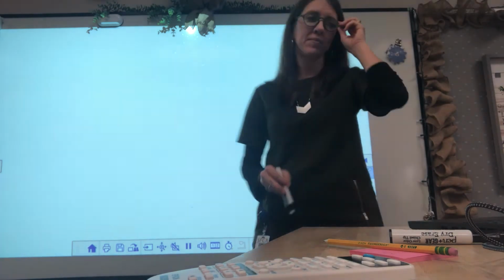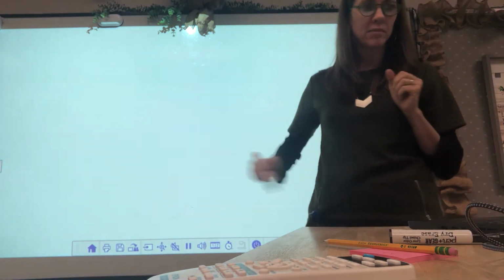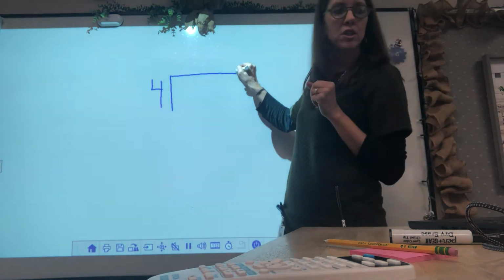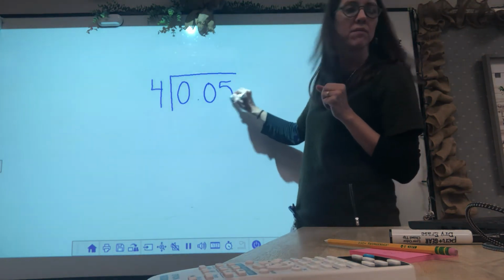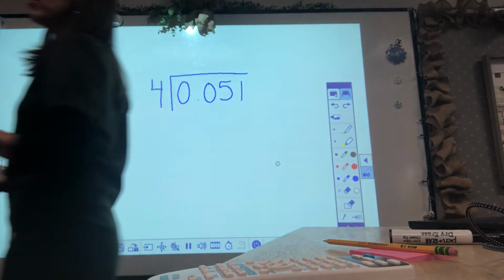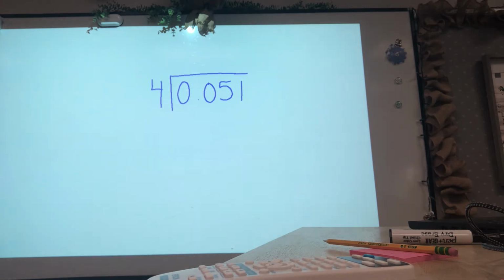Here we go. Last one before we move on to the other way to estimate. Let's try this one. 4 goes into 0.051. Show me what you got. Remove all excess zeros before you flip your board over. Yes, ma'am. Perfect.